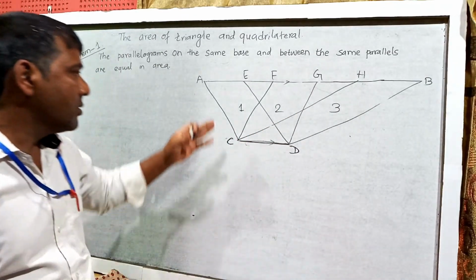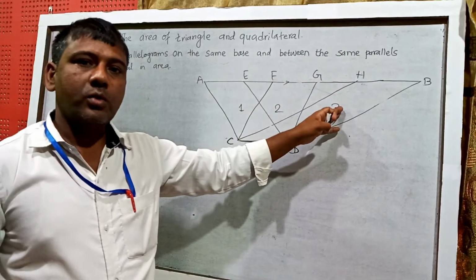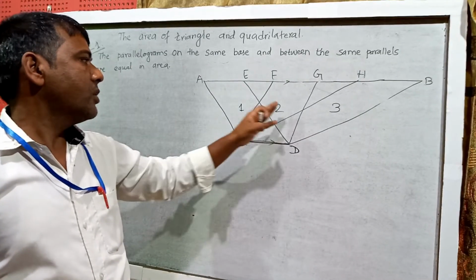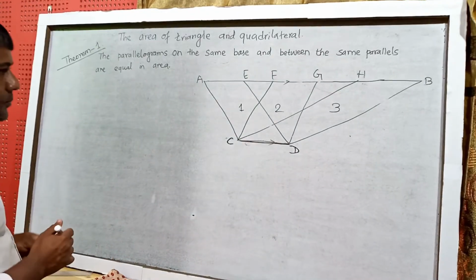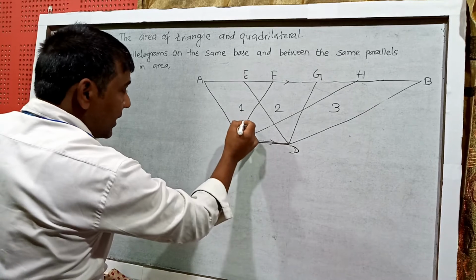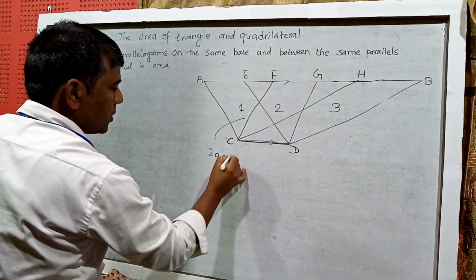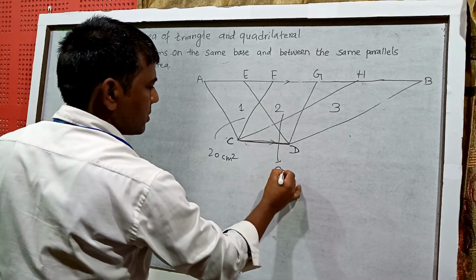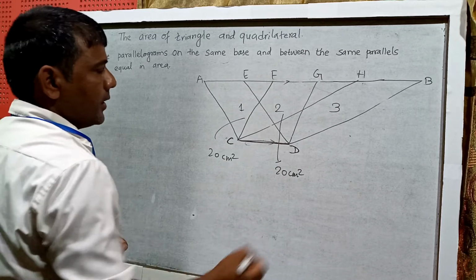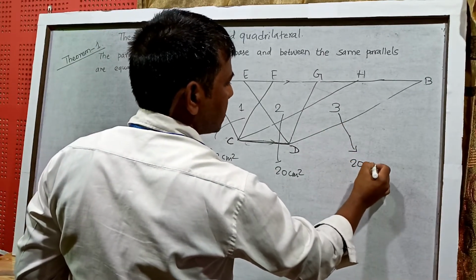In this case, the areas of these parallelograms, which are denoted by 1, 2, and 3, are equal. If the area of the first parallelogram is 20 cm square, then the area of the second parallelogram is also 20 cm square, and the area of the third parallelogram is also 20 cm square.